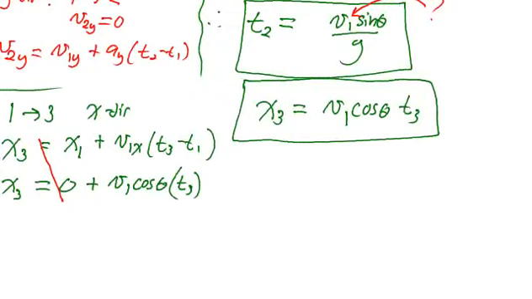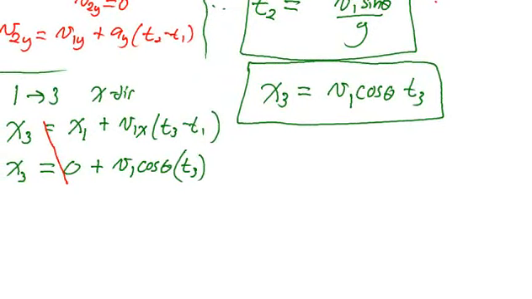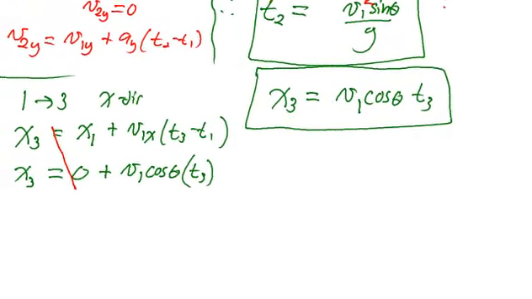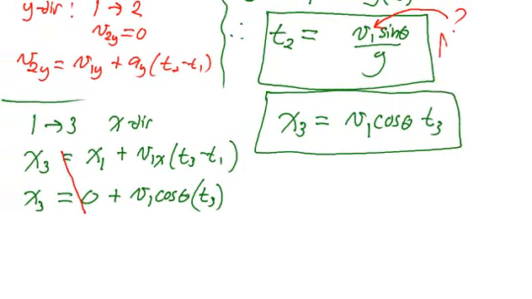Let's take the first equation and solve it for the velocity v1. That says v1 equals t2 times g divided by the sine of theta.